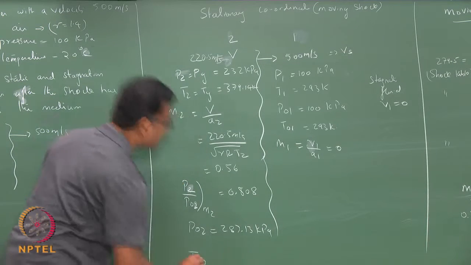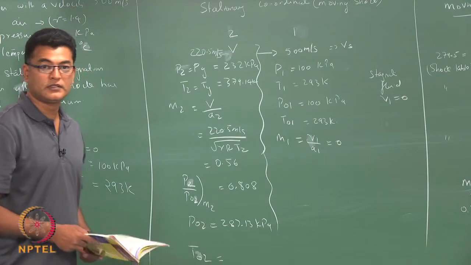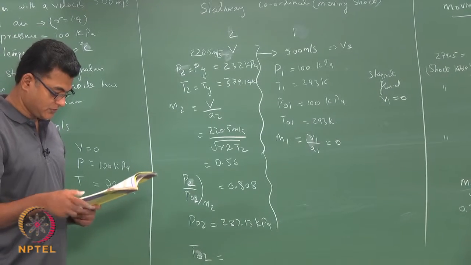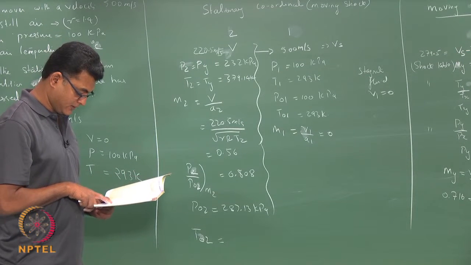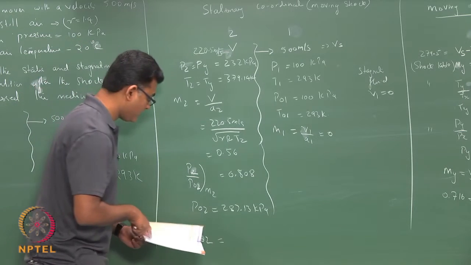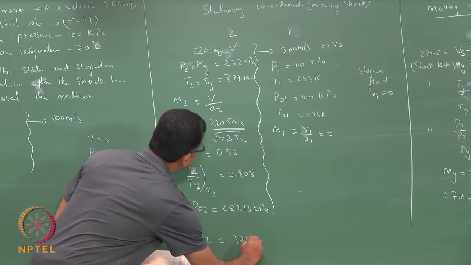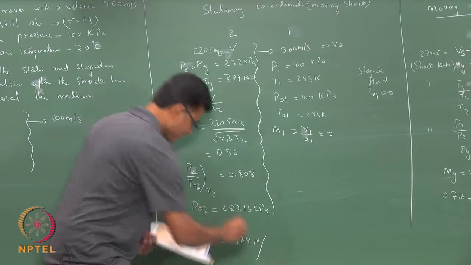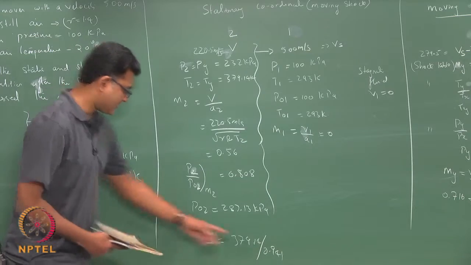Likewise, I can get my T02. T2 divided by T02 is 0.941, again from isentropic tables, this ratio.